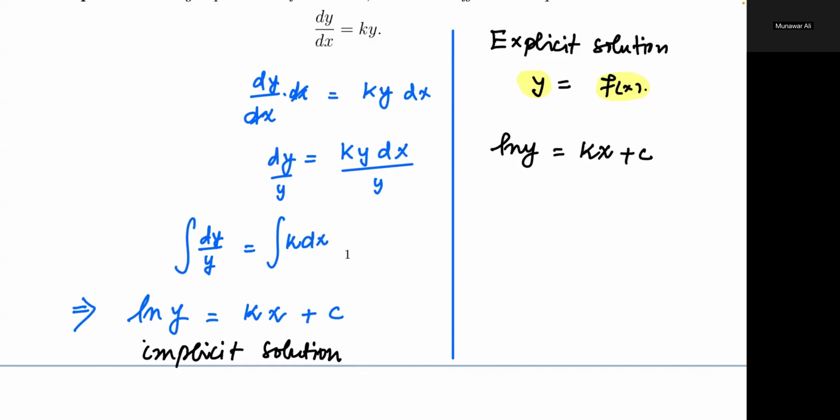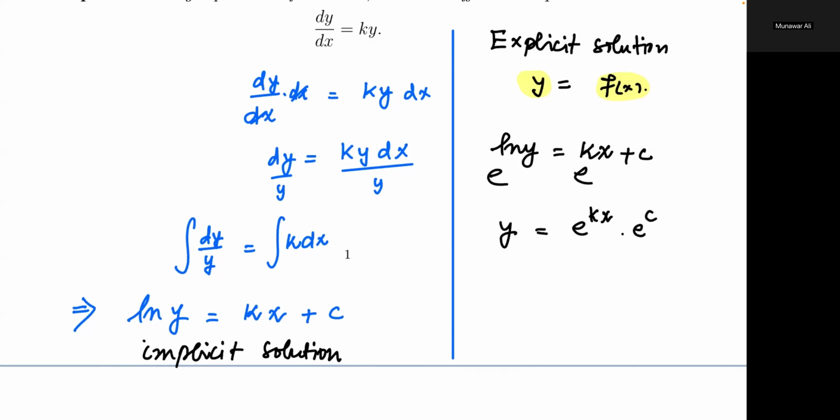Yeah, exponential. That's very common. So the left hand side becomes y and the right hand side becomes e to the kx plus c. Again, I can rewrite this in this way.